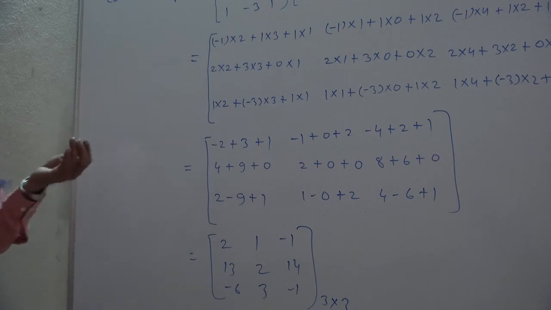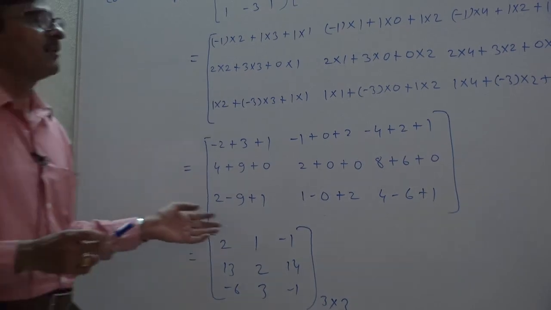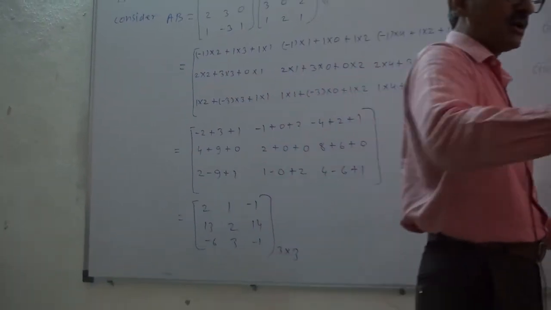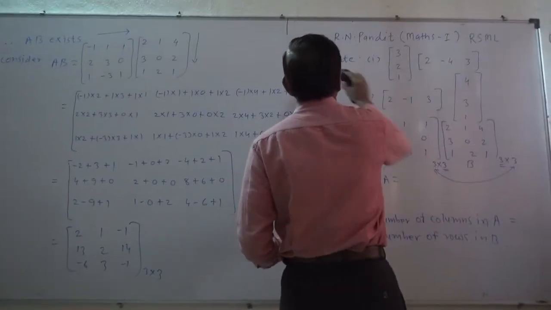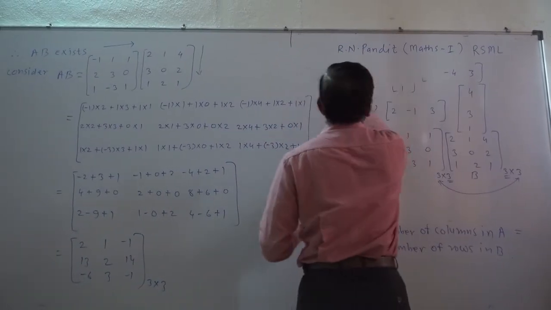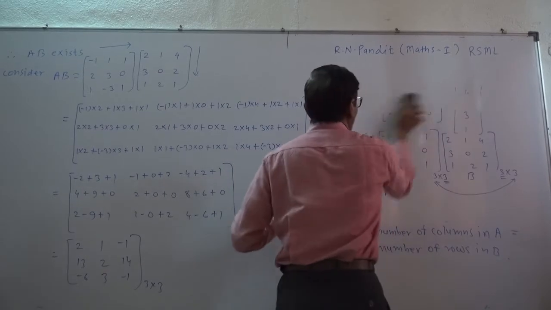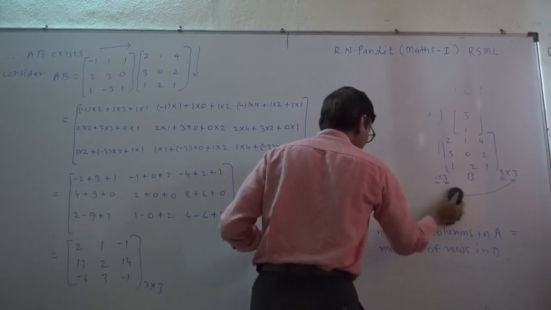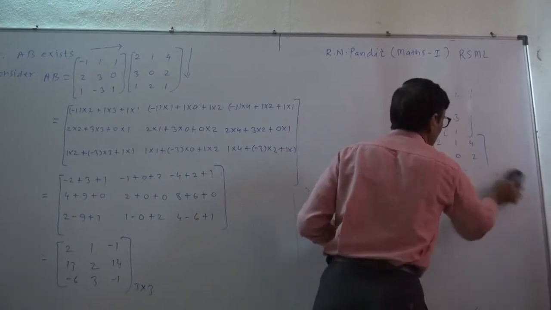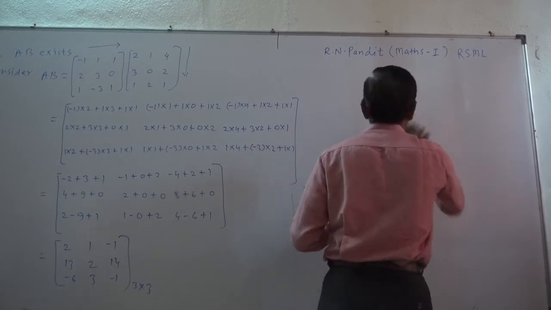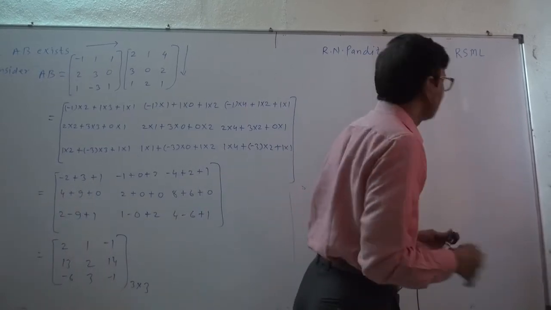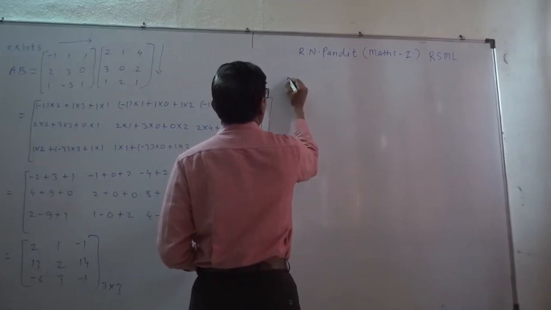So in this way, we can obtain the product or multiplication of matrices. Now we will study different properties of matrix multiplication. So there are some properties. We will take one by one. Properties of matrix multiplication.